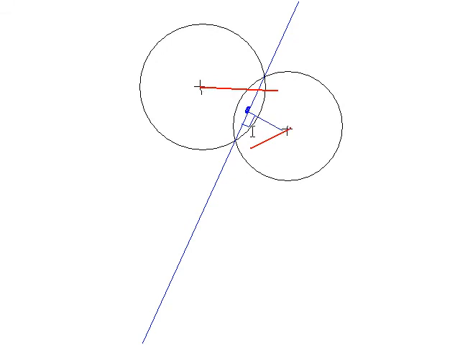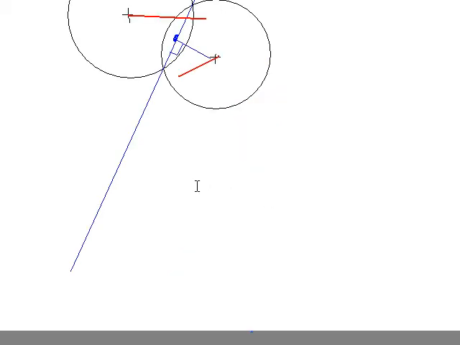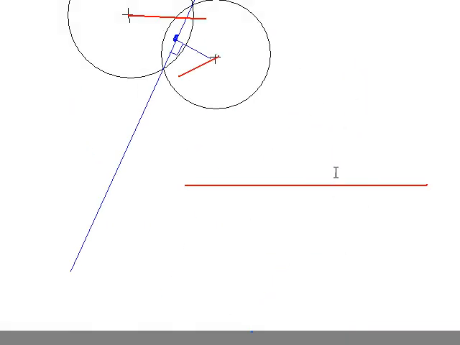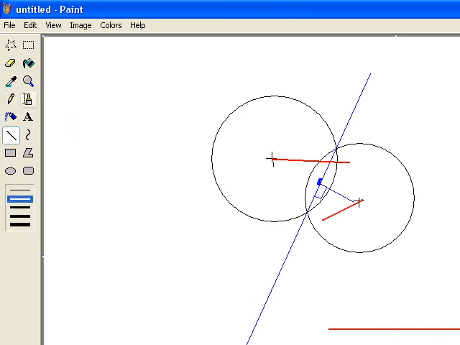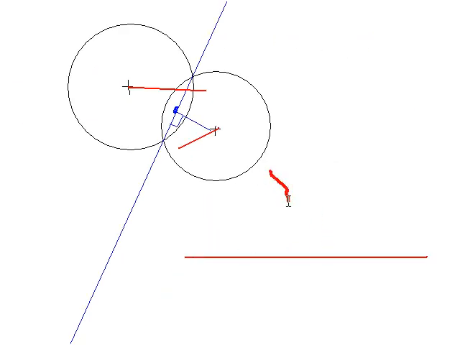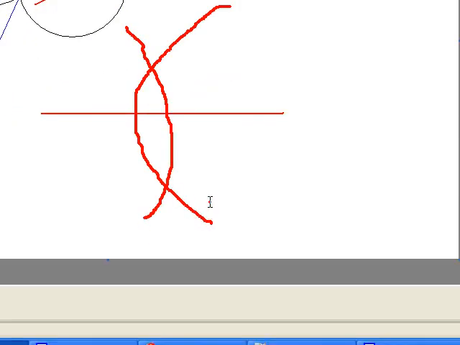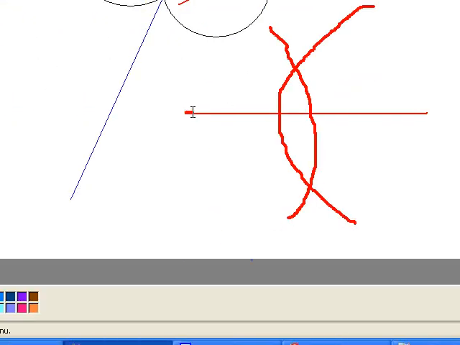Where is the midpoint? It's going to be this radius. Okay, so we have the distance, say this is the distance, and circle 1 is like that, and circle 2 is like that. So we've got this radius, we've got this other radius.